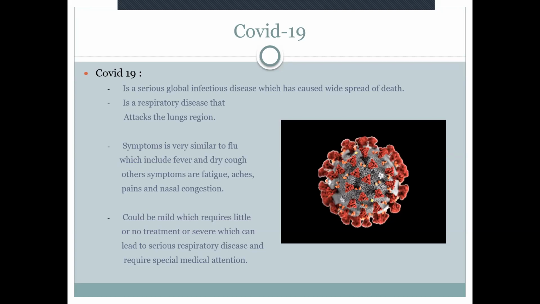And when it's severe, it requires special medical attention. So this research is to help the radiographers in the hospital to detect immediately which COVID-19 is severe and non-severe, and also to assist them in detection of this kind of severity in both male and female gender.